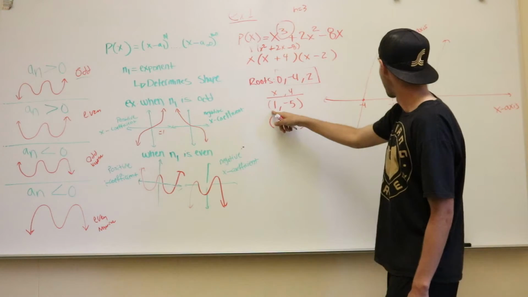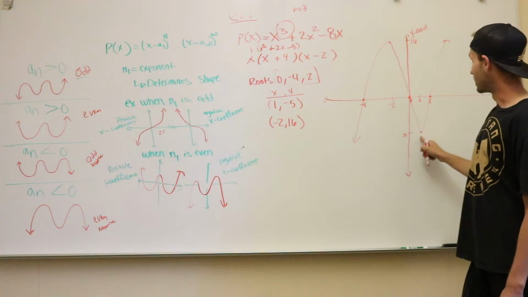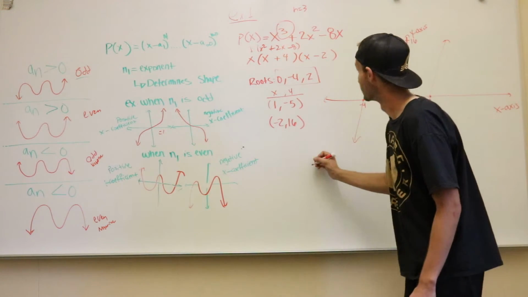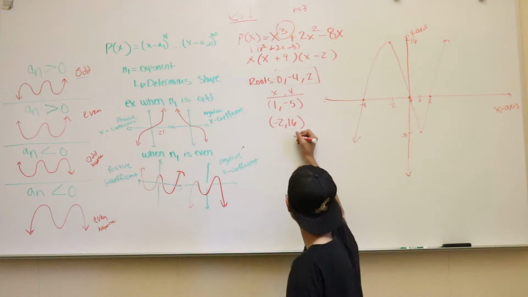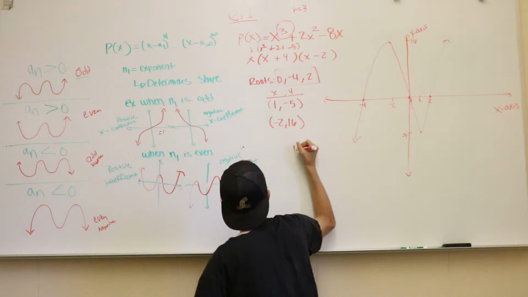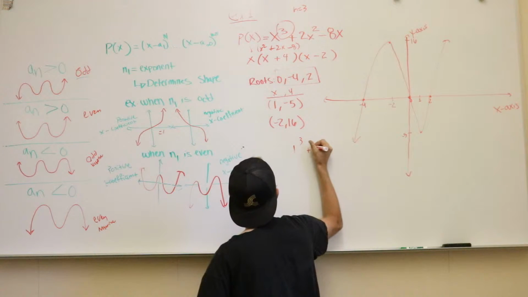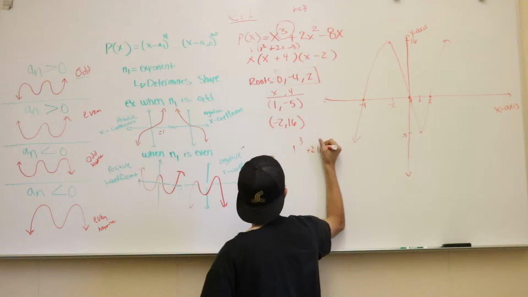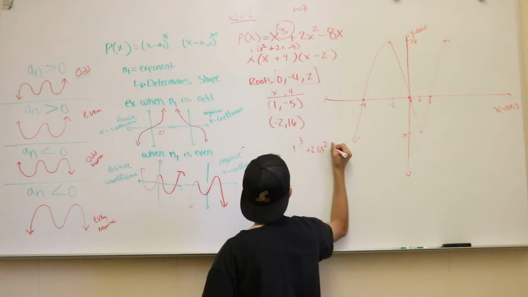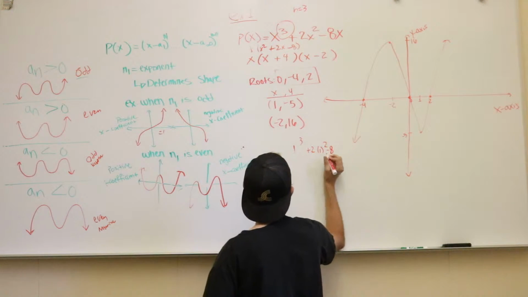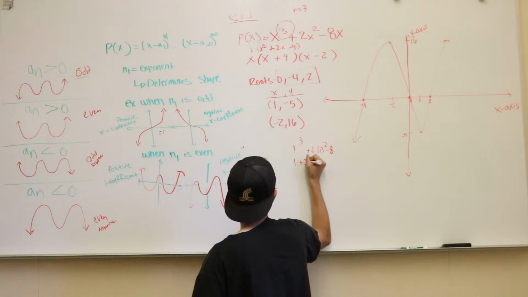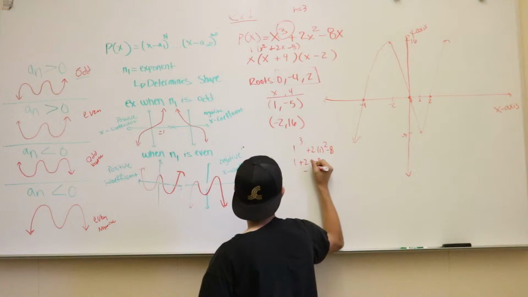So if you plot, say, x equals 1, you'll end up getting -5, because if you take it out, you get 1 to the third plus 2 times 1 squared minus 8. So you get 1 plus 2 minus 8, -5.